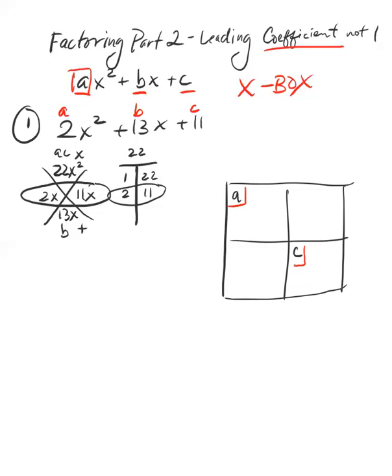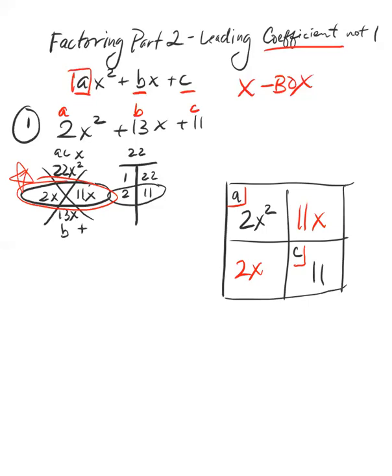Let me show you what happens. So a term is 2x squared, and my c term is 11. These two that I circled right here, these guys go into the other two boxes. So 2x will go here, 11x will go here.